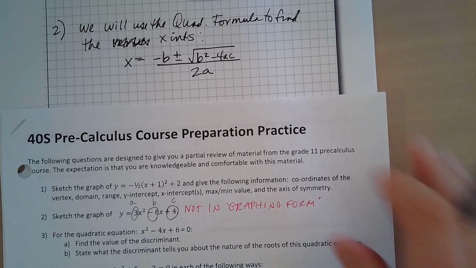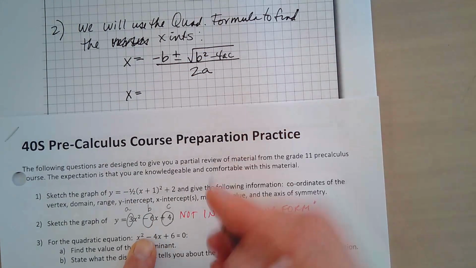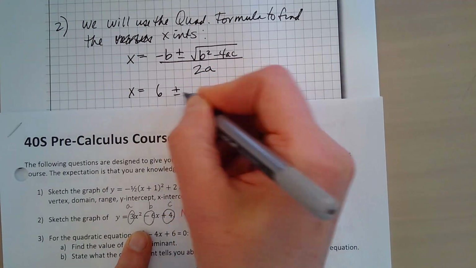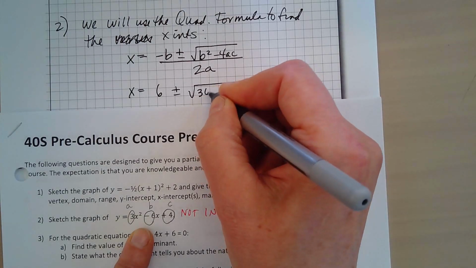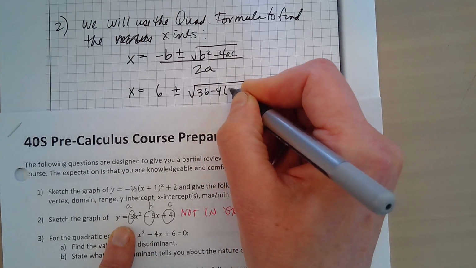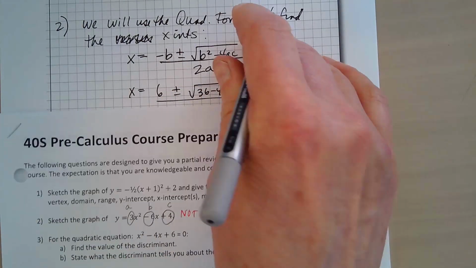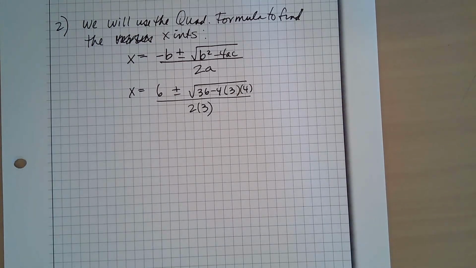Okay, so let's see what we got here. x equals the negative of b, which would be 6, plus or minus the square root of b squared, so 36, minus 4 times a times c, all over 2 times a, right? This is a really quick way to get our x-intercepts. They're tougher. Y-intercepts are easy.